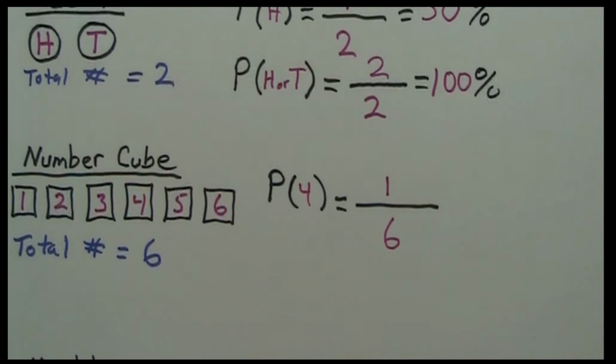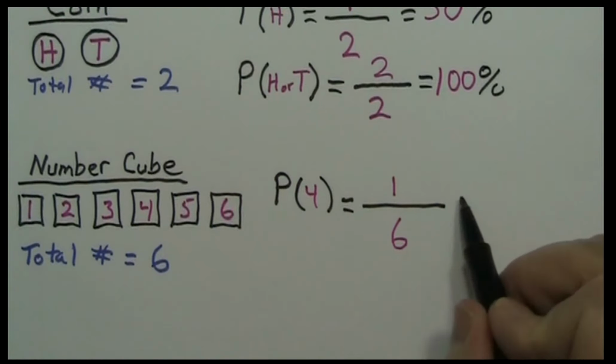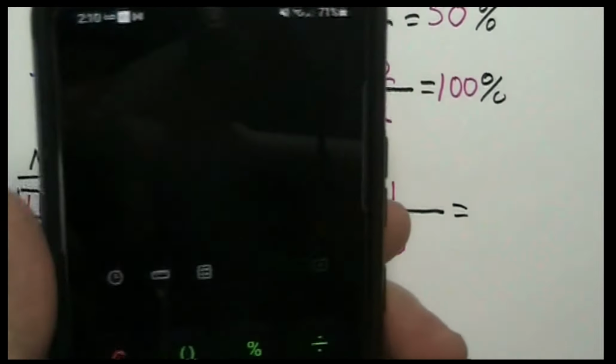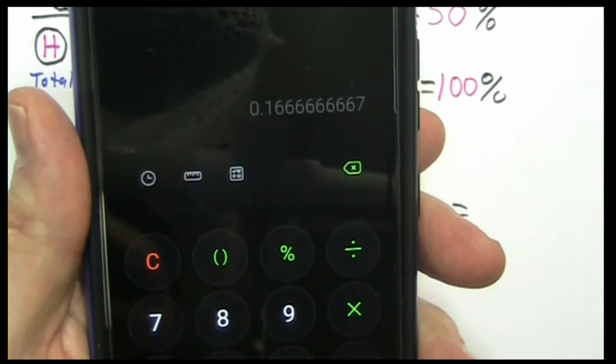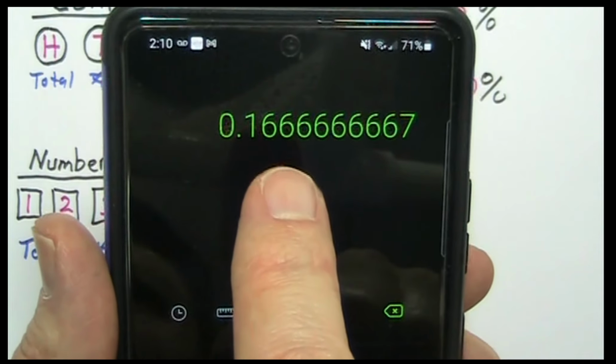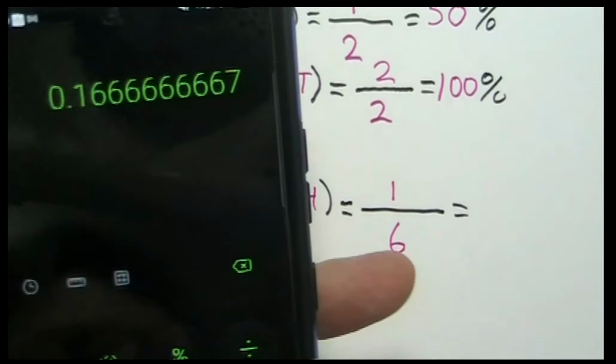Now, what would that be as far as a percentage? 1 divided by 6. So it's basically like 0.16 or 0.17.